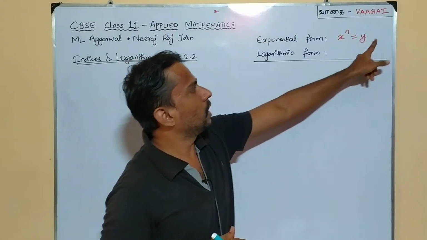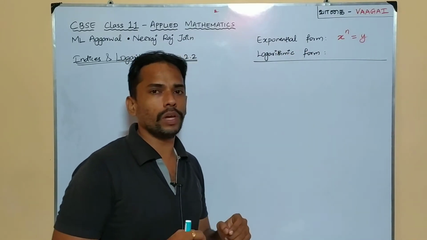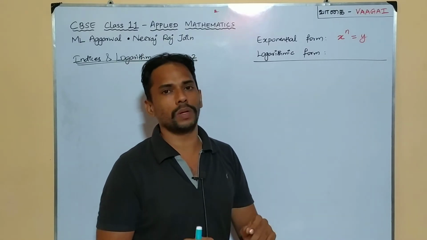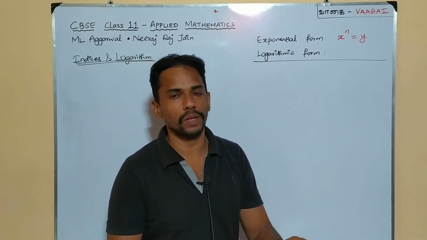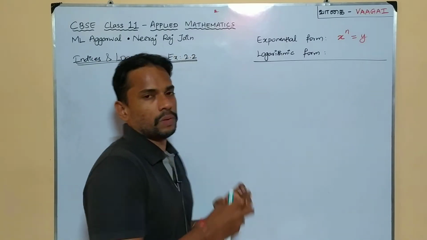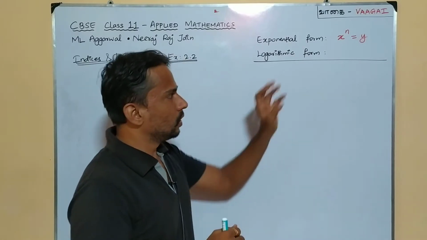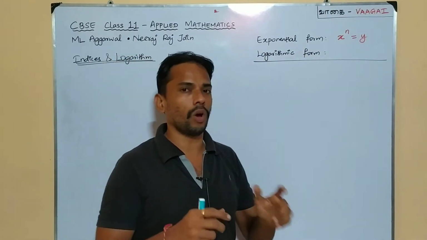Now this expression is expressed in terms of an exponential form, and we should be knowing how to write this same expression in terms of a logarithm. This is the one thing we should be very sure about in order to do problems from this exercise. Just see carefully how this can be written in logarithm form.